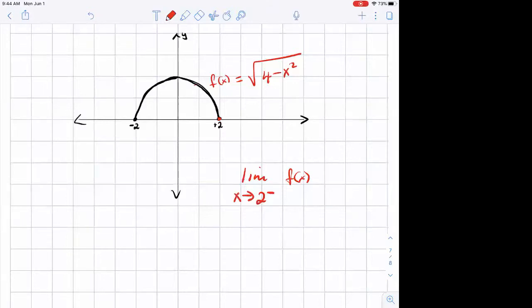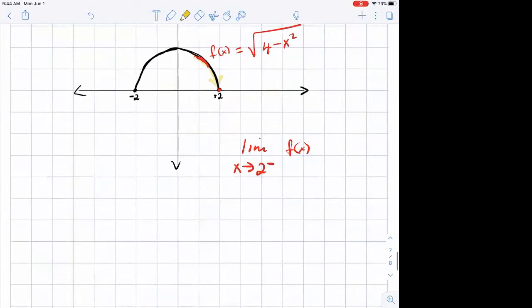So walking along this graph from this side, what y value do you reach? This is where we said that the limit is equal to 0, because y here is equal to 0. The limit is the height of the function at the given x value.